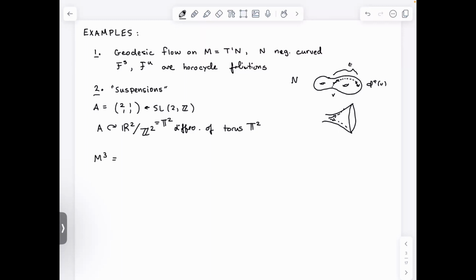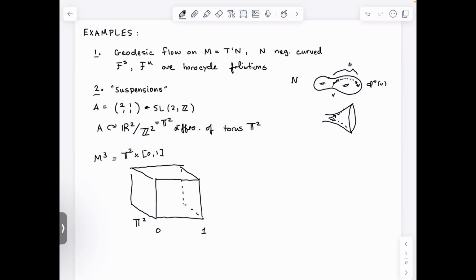So here's my three manifold. Here's a picture, here's my torus. I'm going to take its product with an interval. Good.